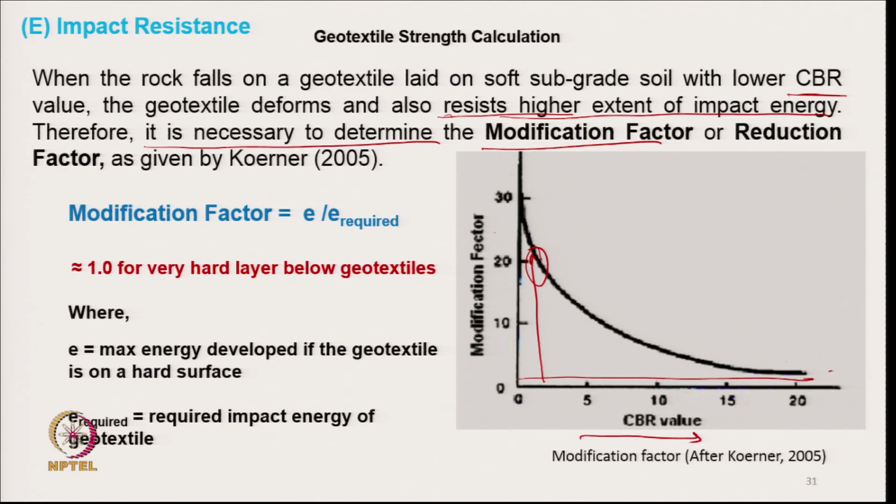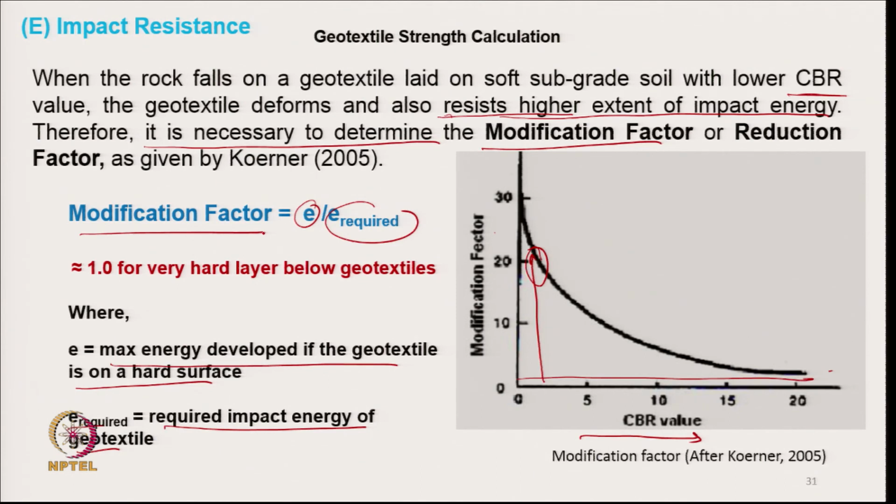So, the modification factor is E by E required, where E is the maximum energy developed that we have seen in that equation, the gravitational energy on the hard surface, and E required is the required impact energy of geotextiles. The higher the modification factor, the lower will be the required energy.